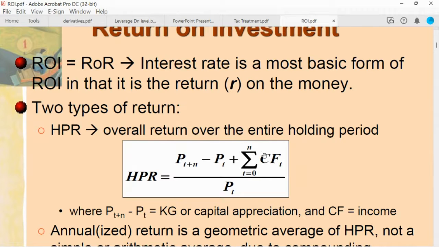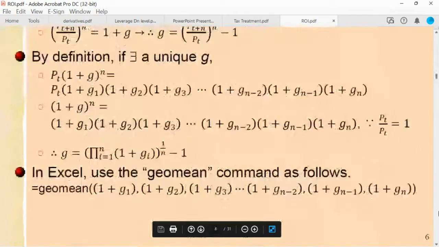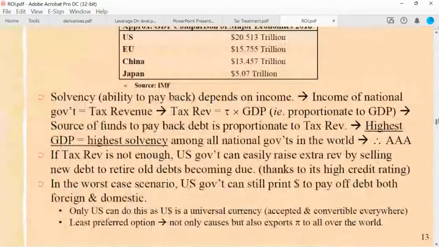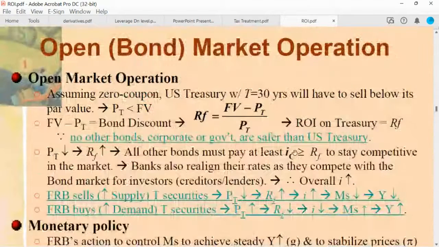In scenario two, that term is positive, but in scenario one, this term just drops out because it is zero. So if this is zero, it's exactly the case of our zero coupon bond. So the return on investment in the Treasury can be calculated this way.